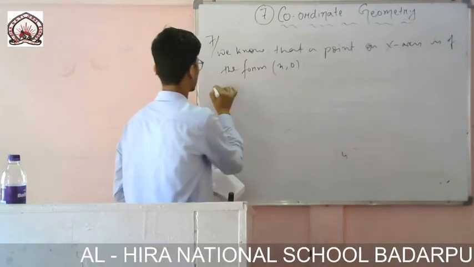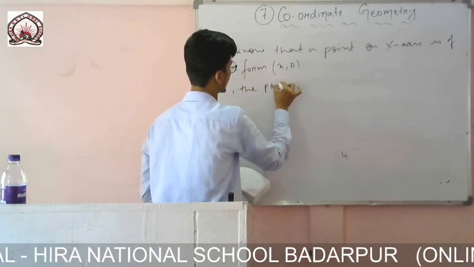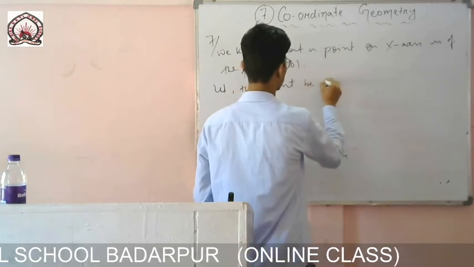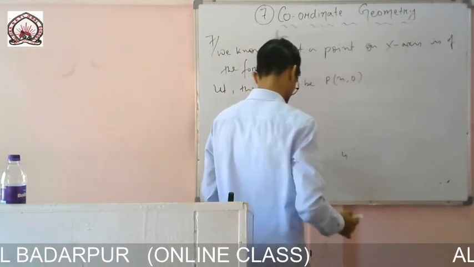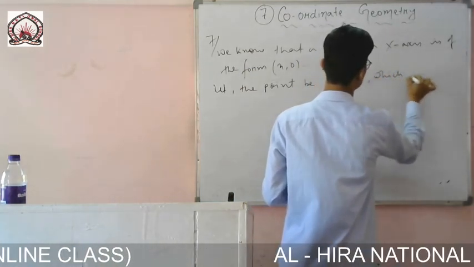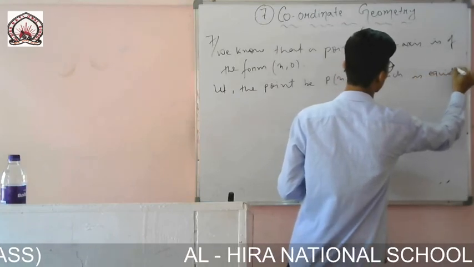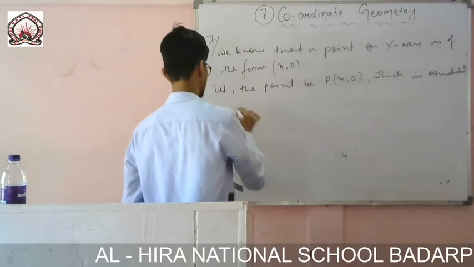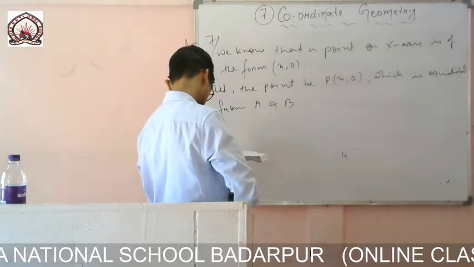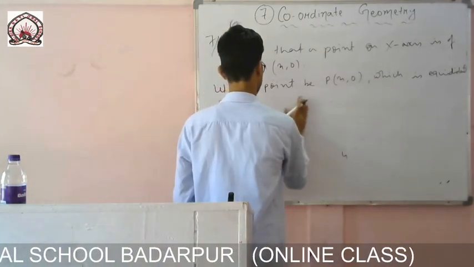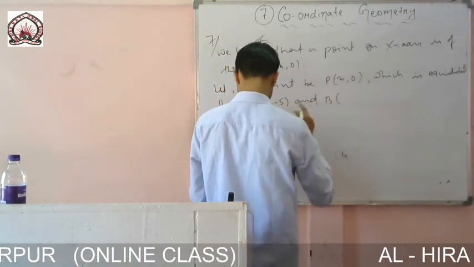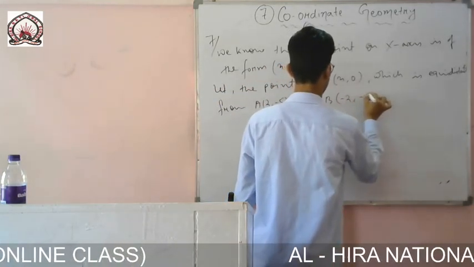Now let the point be P(x, 0), which is equidistant from A and B, where A is (2, minus 5) and B is (minus 2, 9).